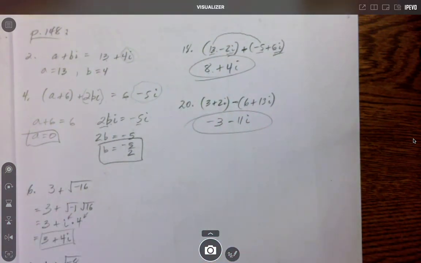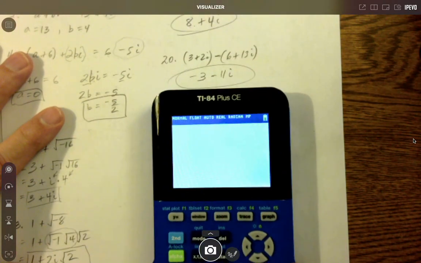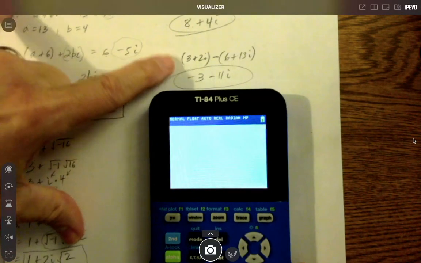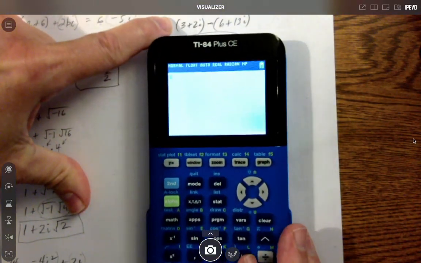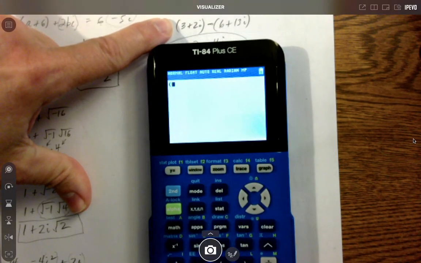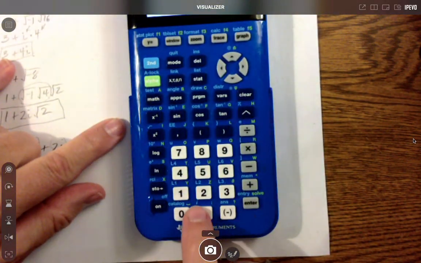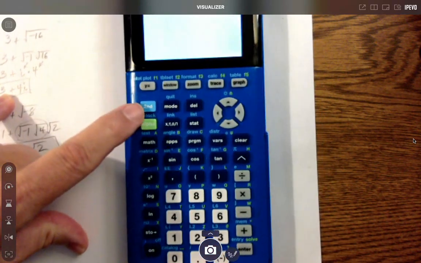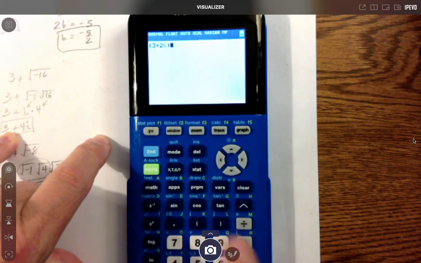So it's pretty straightforward. You could also do this on your calculator. So let me just show you how your calculator does these. I'm going to enter in parentheses 3 plus 2i. Now your i lives down here at your decimal number. See that little blue i right there? So you do second decimal to get the i. Close parentheses.